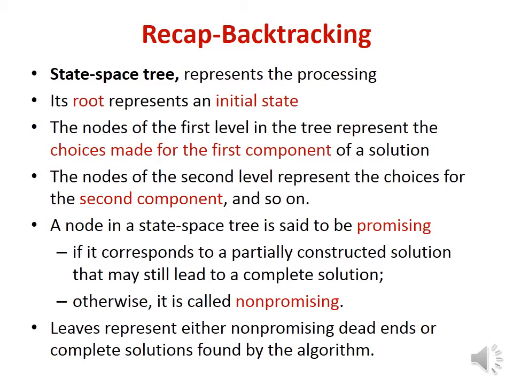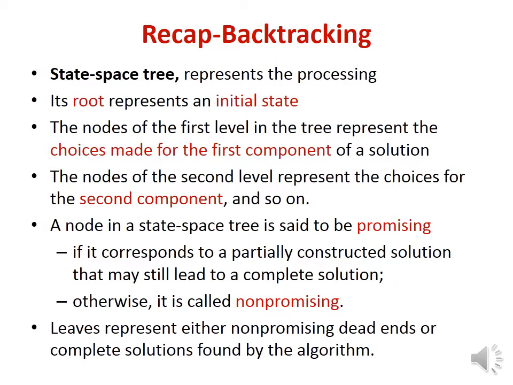In any backtracking algorithm, the partially constructed solutions are represented in the form of a state space tree. There will be a root, which is nothing but the initial state. Nodes in the first level are the choices made for the first component of the solution, nodes in the second level are for the second component, and so on. A node in the state space tree is said to be promising if it corresponds to a partially constructed solution that may lead us to a complete solution.